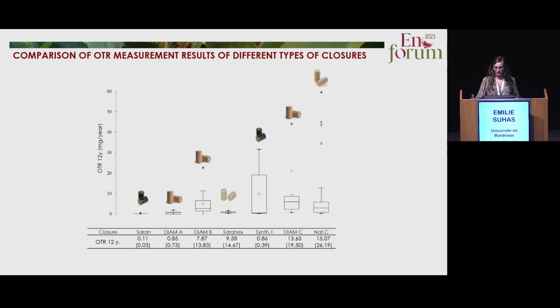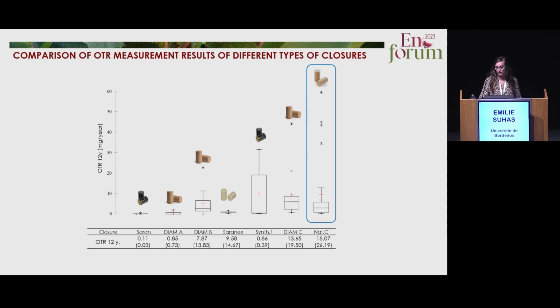We've measured the OTR of these different stoppers after years. And for closures like Saran, the DIAM, and here's a reversal with those with the picture of the synthetic stopper, and I apologize, but I don't think this is the right slide. Anyway, you see this lack of variability between stopper and stopper.